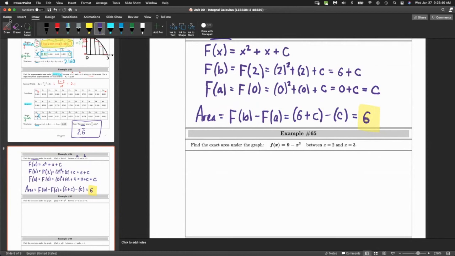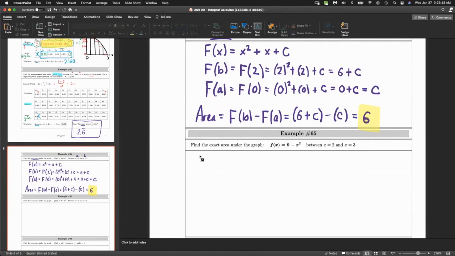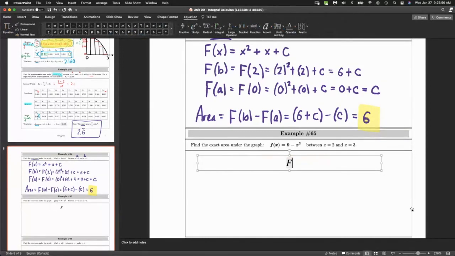So we're going to get that next question. We're going to find the exact area for this one, but this time I'm just going to type it because my handwriting is way too slow for you. So first we get the antiderivative. What's the antiderivative of this function here? Let me know in the chat. What is the antiderivative of 9 minus x squared? The antiderivative of 9 is 9x, and then what's the other one? X to the, how does it go?